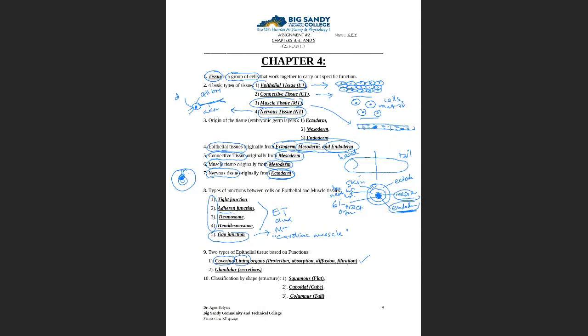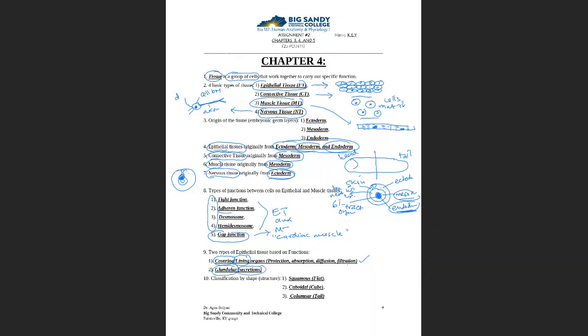The second one is the epithelial tissue that produces liquid, like hormones, sweat, mucus, and other types like tears and wax, and this is called the glandular epithelial tissue. The function is for secretion.